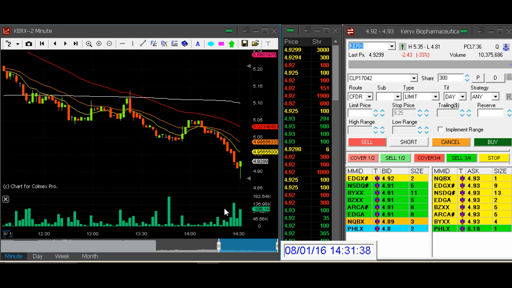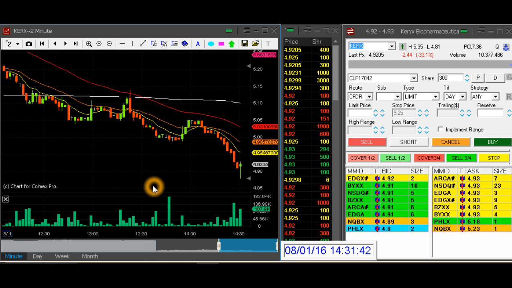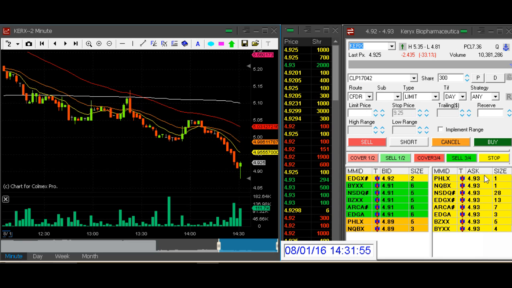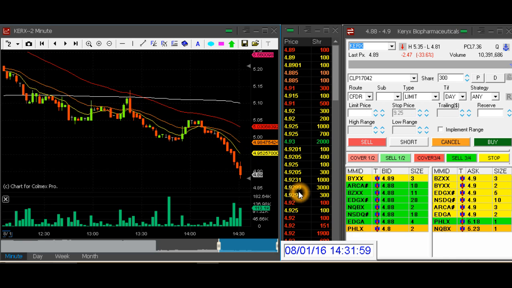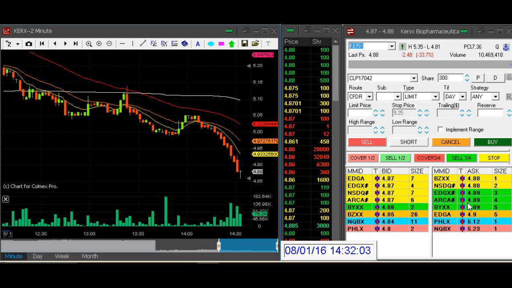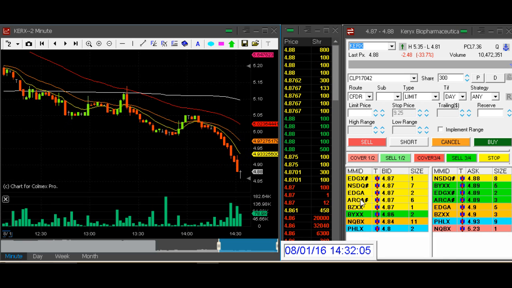So the anatomy of using these three tools is to use the chart for the patterns. First look at the chart for the pattern, then look at the level 2. For example, right now I don't want to buy this because we have a huge level of resistance at 4.93, as you can see, and that's why that hammer didn't work, because you see the buyers and sellers right here.